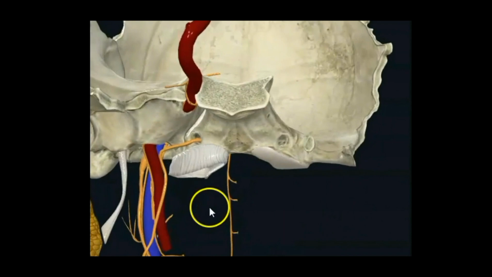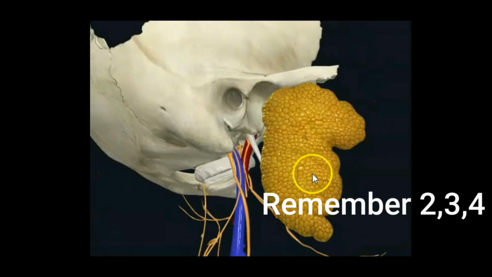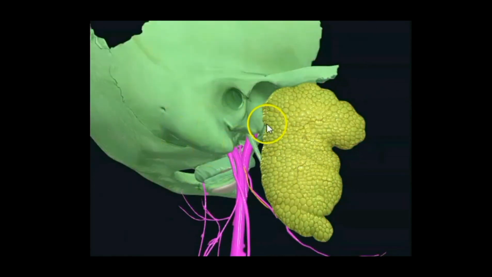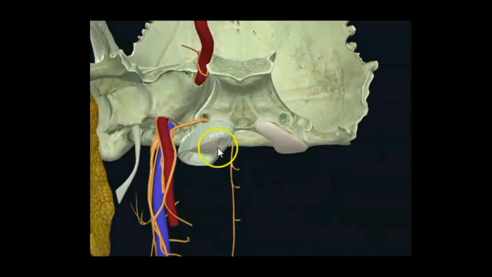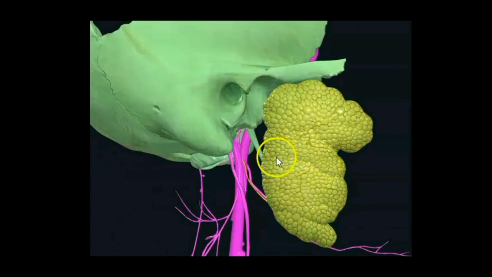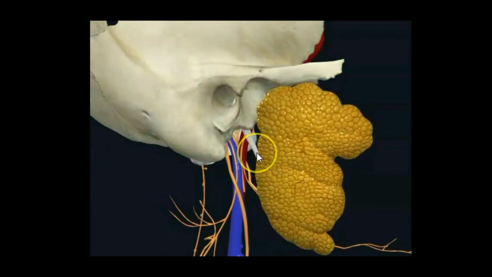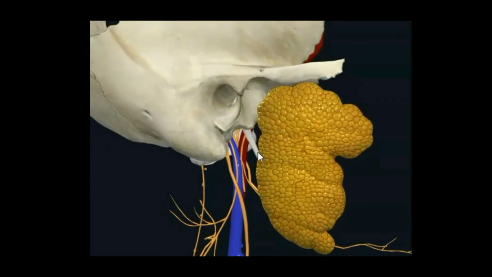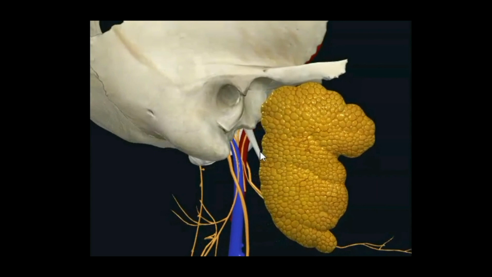Remember the mnemonic 2, 3, 4: 2 vessels, 3 processes, and 4 cranial nerves. Anteromedial surface, 3 M's. So it is easy peasy. We are having this discussion here. You can see 2, 3, 4. So these are the relations of the posteromedial surface.